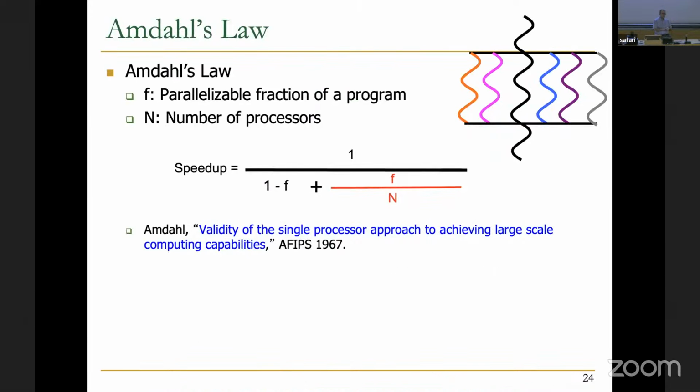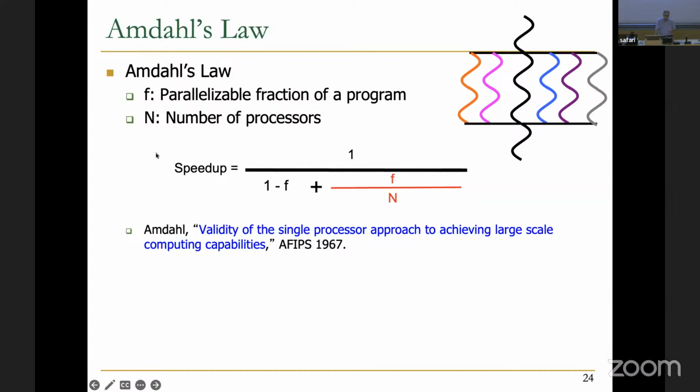Okay, so parallelism is nice, and when we talk about parallelism, we always get quickly excited, but we should always pay attention to Amdahl's law. Amdahl wrote this nice paper in 1967, which tried to model the speedup that you can get from parallelism.